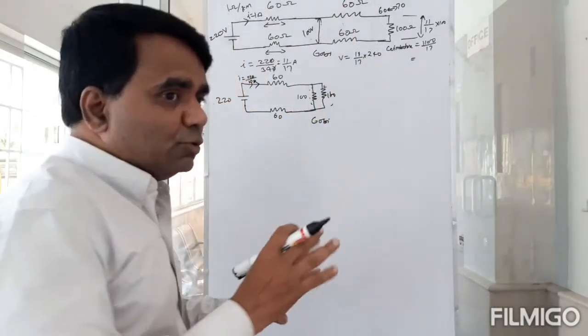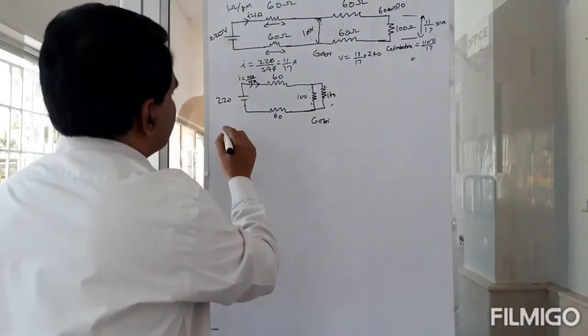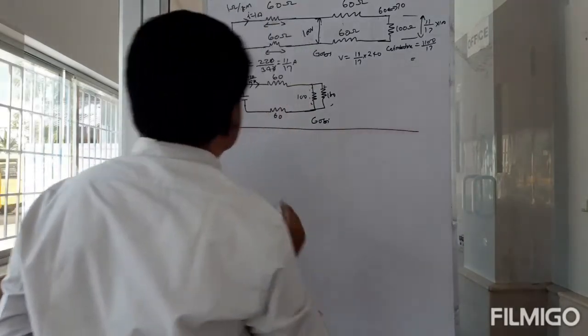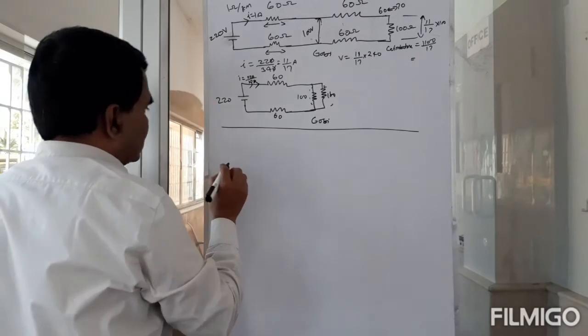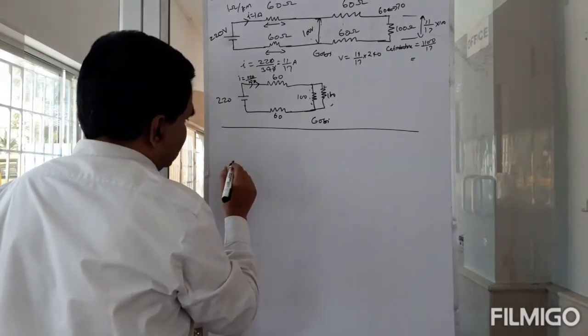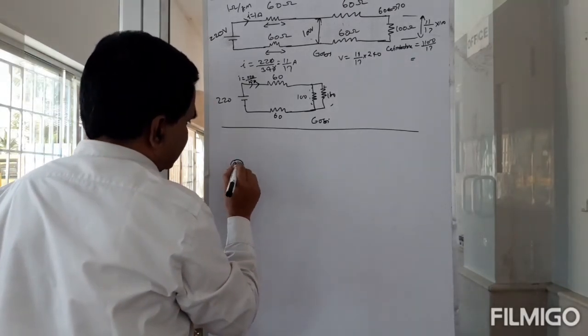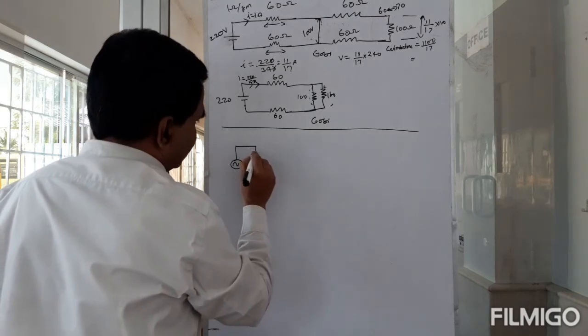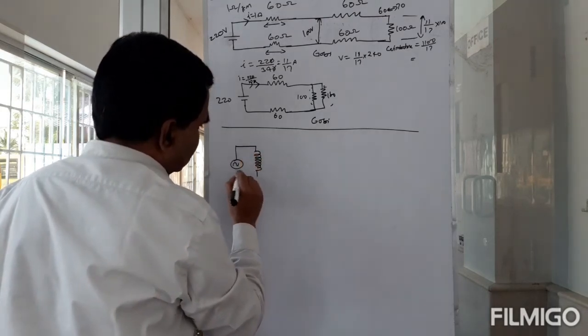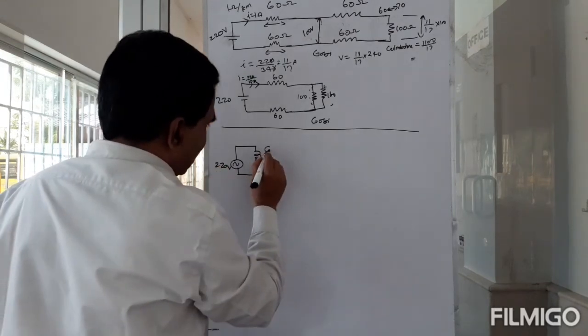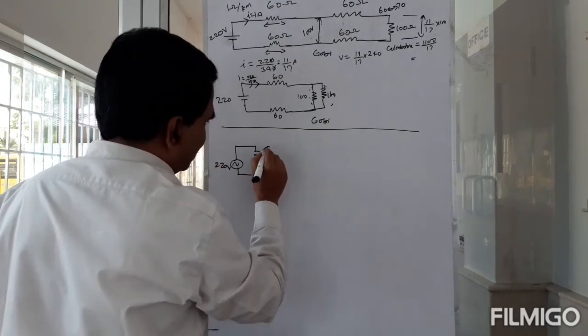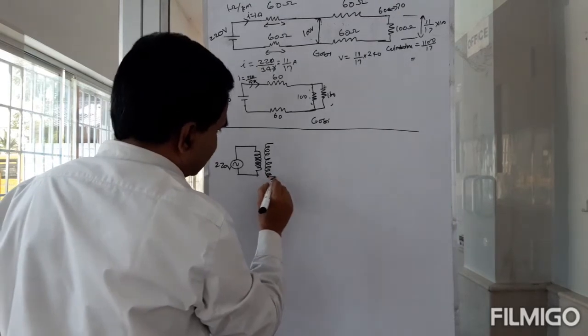But what will happen when you use a transformer, or when you use transformers? What I'm going to do is that instead of DC, I'm going to have AC. Okay, in AC, I'll have an AC power source here, and then I'll have a transformer. So this is 220 volts, and then I may have a step up transformer. So I'm going to transmit power at a much higher voltage.